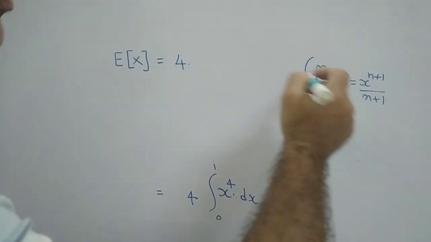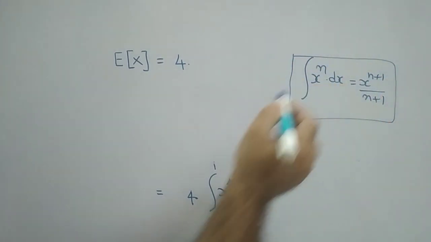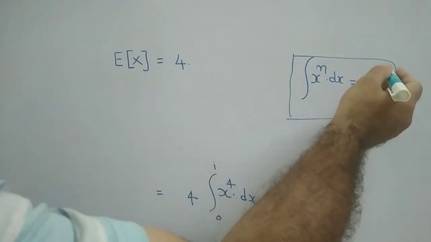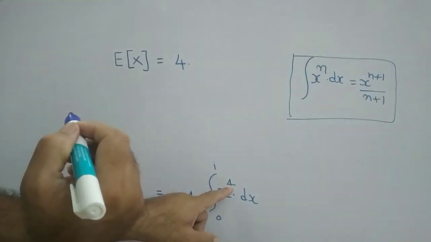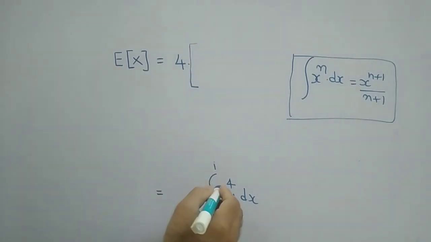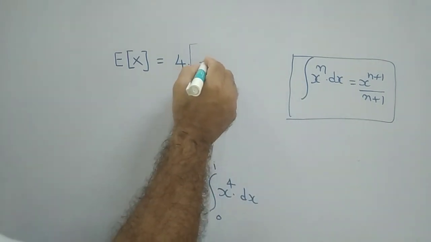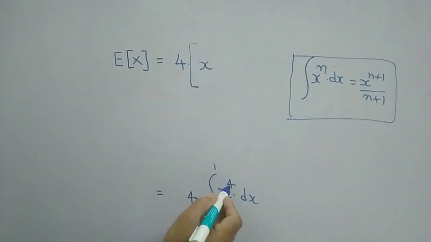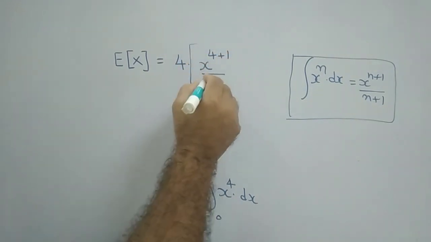Remember that this is the formula. According to this formula, what is the n value? It is 4. Therefore, put a bracket here: x power 4 plus 1 by 4 plus 1.